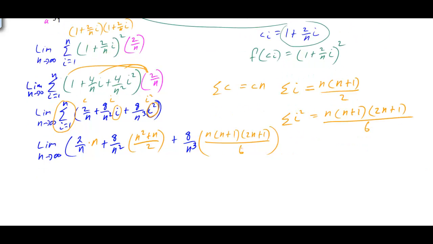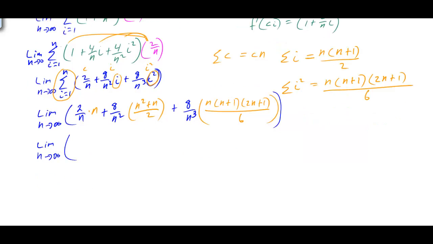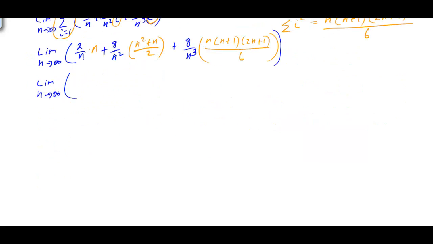So therefore, using the formulas, we are able to eliminate the summation. So now we're just looking at taking the limit as n goes to infinity, and at this point we're just going to simplify the expression to something that we can easily take the limit of.